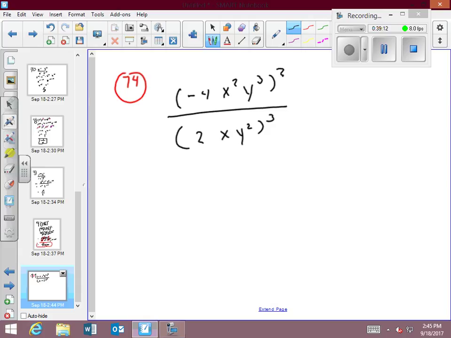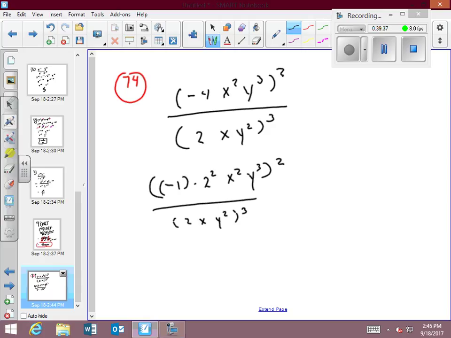Now I'm going to take this numerator. It's going to be minus 1 times 2 squared x squared y cubed, and it's going to be this whole thing squared. And the denominator is 2x y squared to the third.